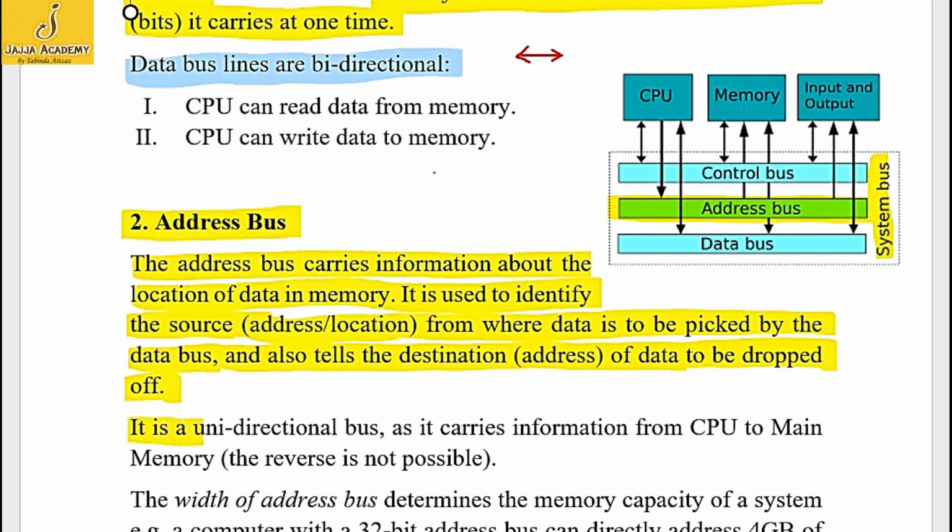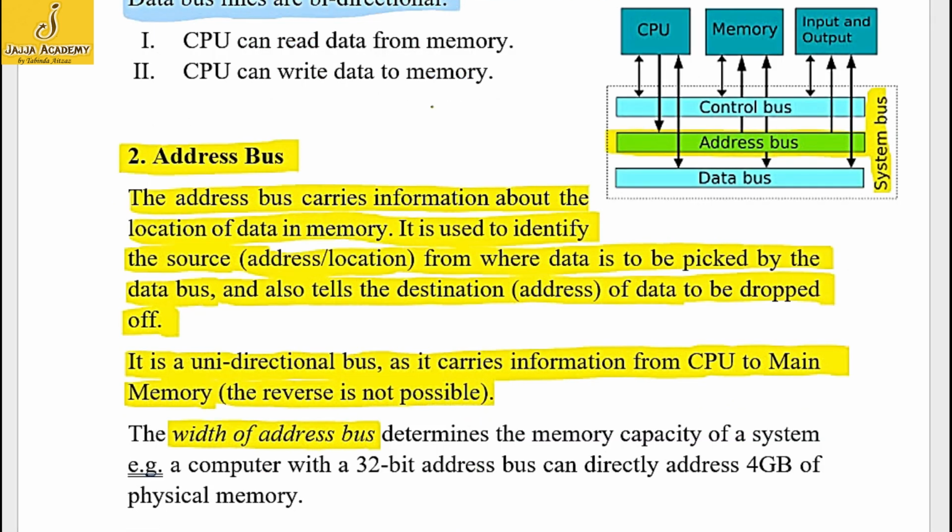The address bus is a unidirectional bus because it carries information from the CPU to the main memory and the reverse is not possible. Sending the address information from memory to the CPU is not possible. The width of the address bus determines the memory capacity of a system.